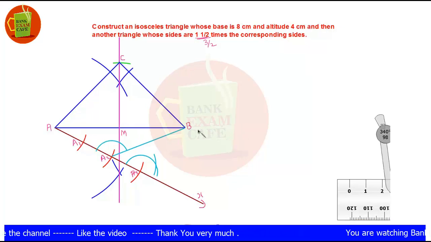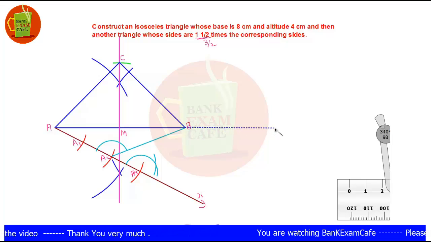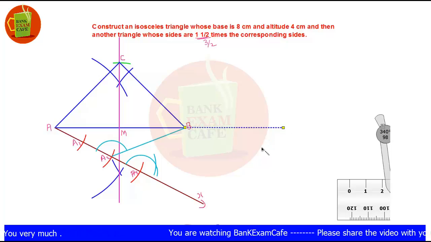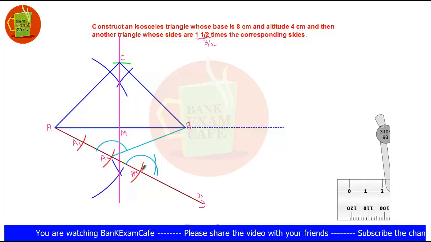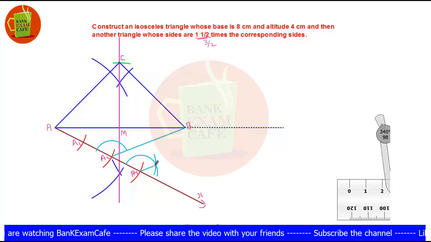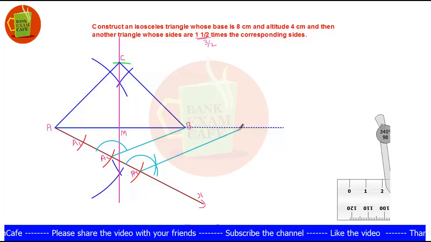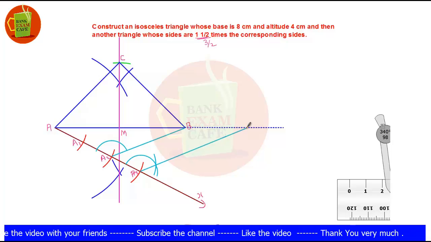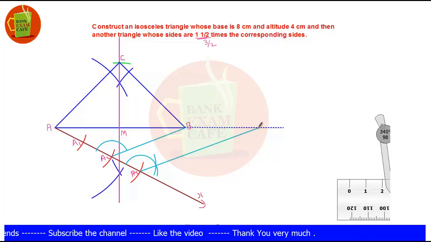Now produce AB, and now from A3, draw a line segment passing through this point of intersection and meeting AB at point B dash.